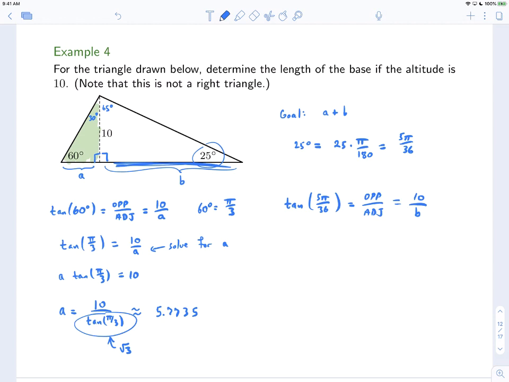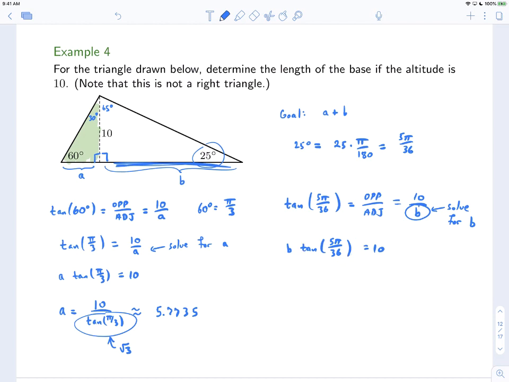So again, we want to solve for the denominator there. We want to solve for b. So we can multiply it over to the other side, and we get that b times tangent of 5 pi over 36 is equal to 10. And then divide by this tangent term.